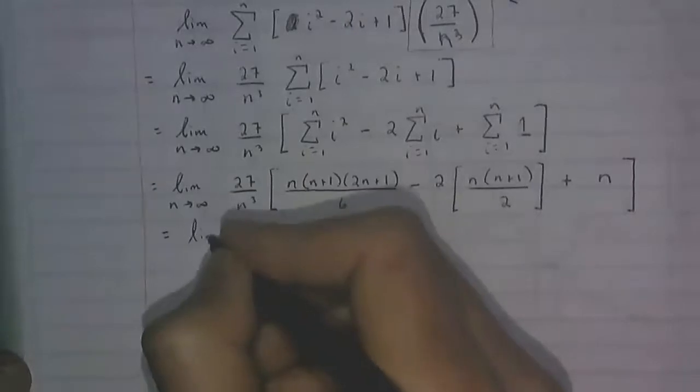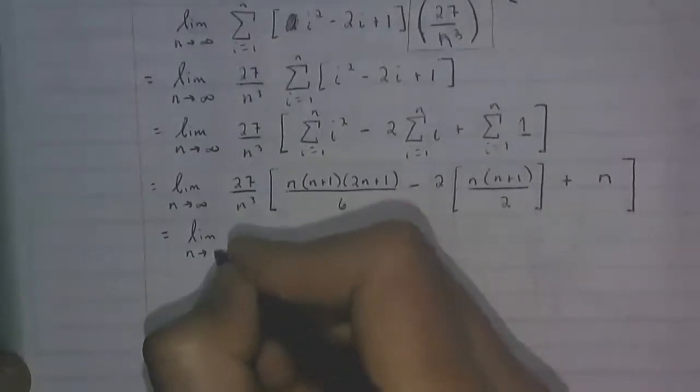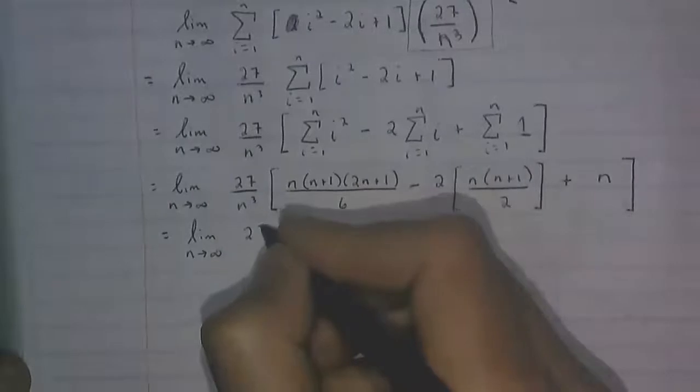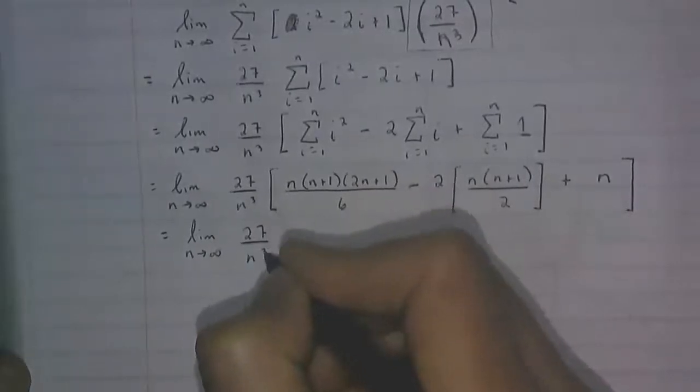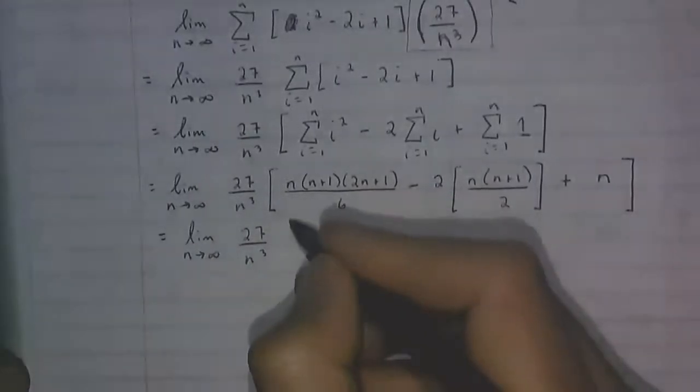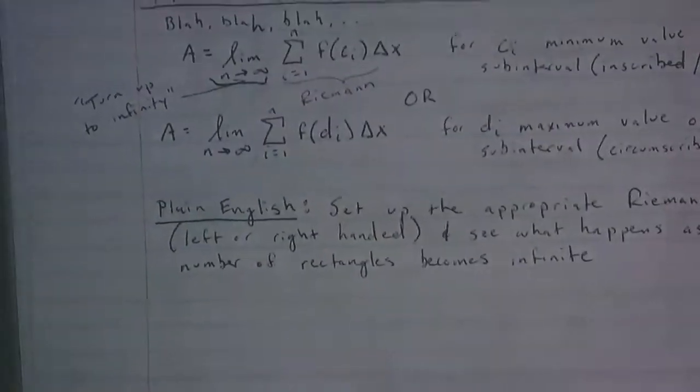So let's simplify this. The limit as n goes to infinity of 27 over n cubed. I'm sick of distributing this out.